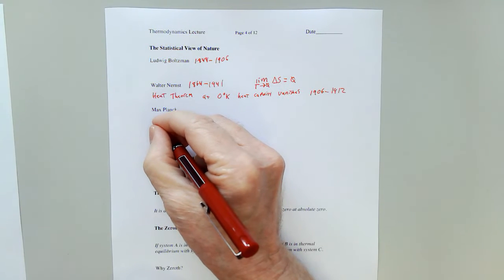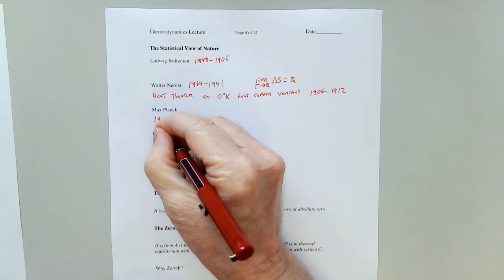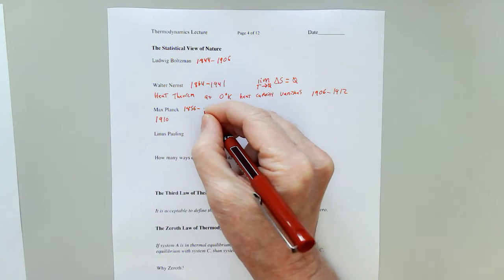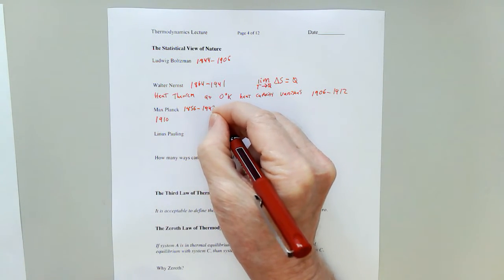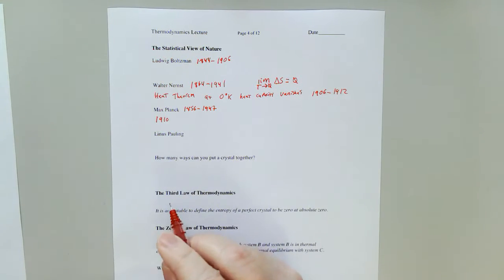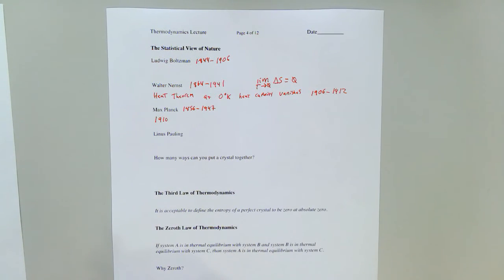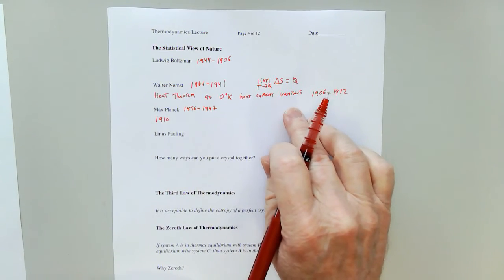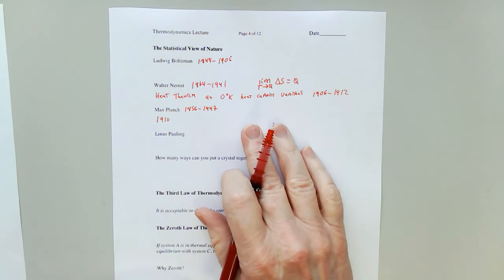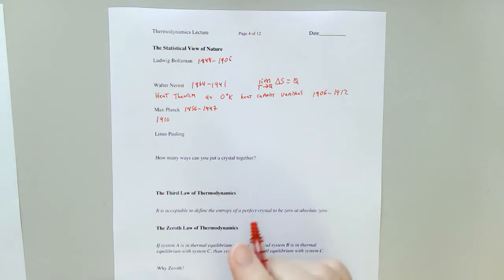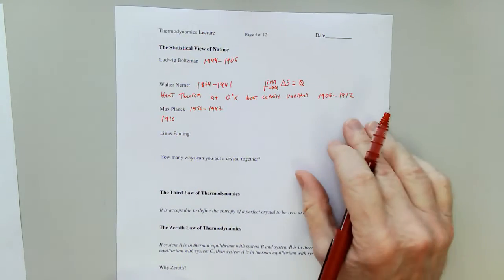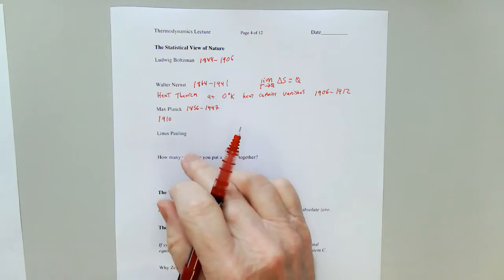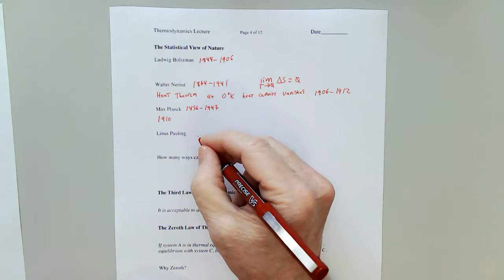About 1910, Max Planck. Let's see, Planck was born, I think, about 1856 and lived to about 1947. About 1910, Planck was applying ideas from the Heat Theorem, and expanding all of this. So it really started to come together, all of these ideas, with Linus Pauling.